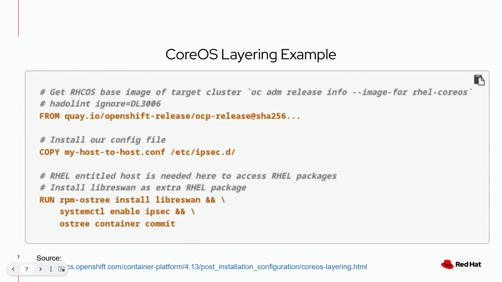We're doing two things here: modifying configuration and adding a layered package. We are adding a configuration file into /etc/ipsec.d, and we're also installing a package called Libreswan and enabling the IPsec service.